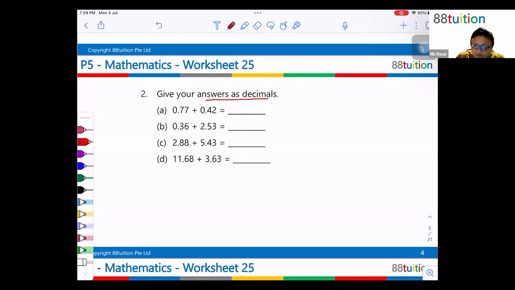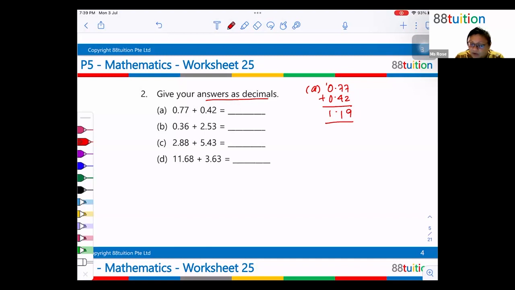Okay, so for part A, I have 0.77 plus 0.42. So that's 9 and 1. Yes, Gordon, you've got to practice for paper 1. And you've got to make sure that you can complete this within 3 minutes. Okay?